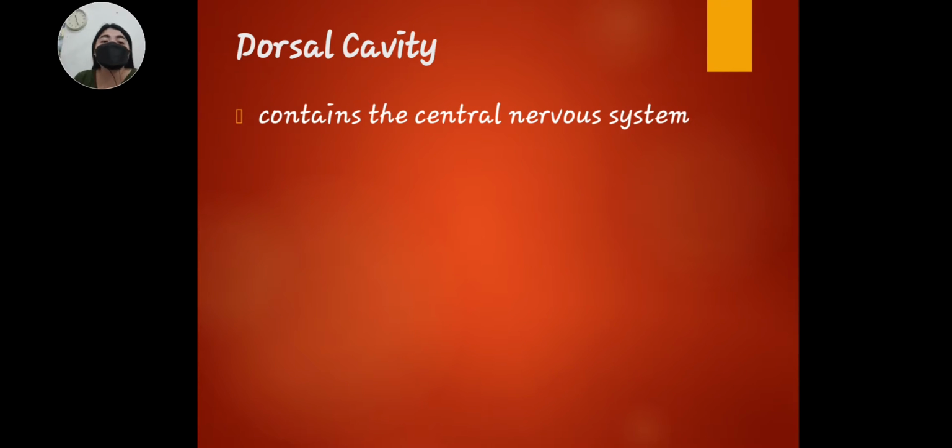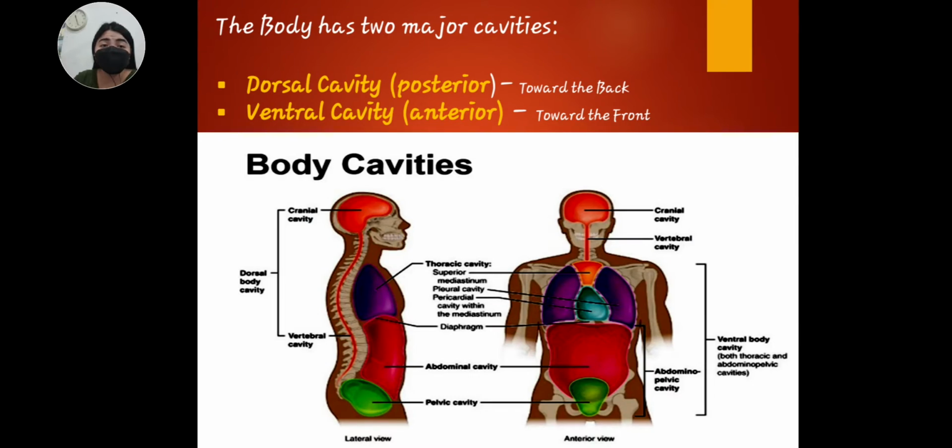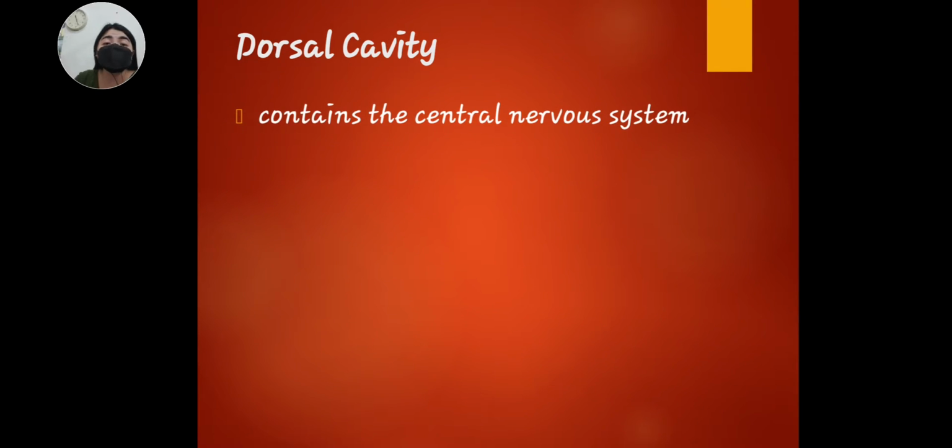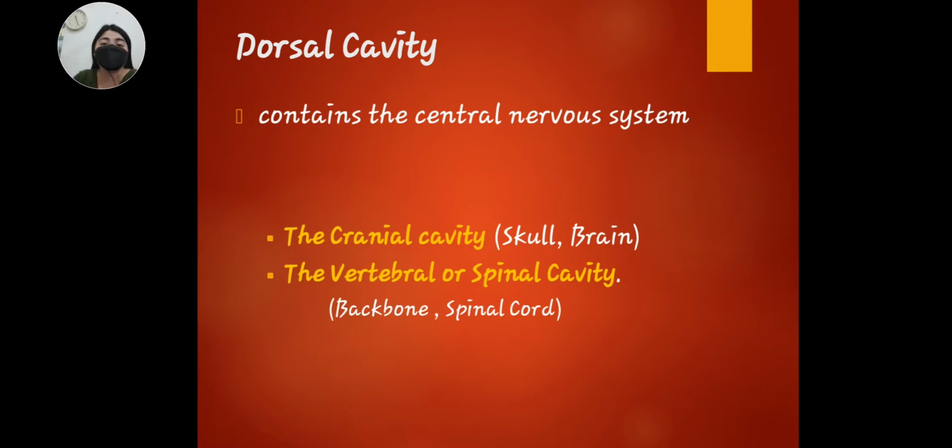Because as I've said, dorsal is your posterior, meaning it is toward the back of your body. One of the parts located there is the nervous system. That is why the dorsal cavity contains the central nervous system.